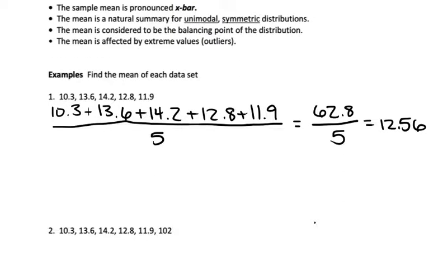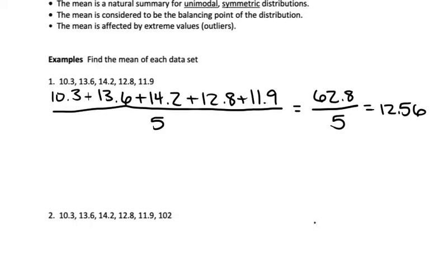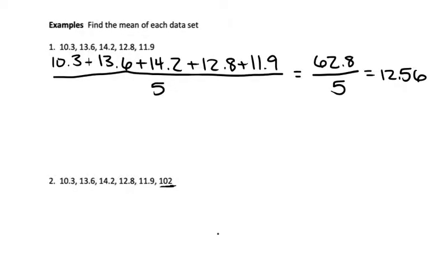What we're going to do next is find the mean of the same data set with one additional value. So you see here I have the same exact values for the first 5 numbers, but I'm adding a 102. So the question is, what effect does that 102 have on the mean? So now I'm going to add up those numbers again.